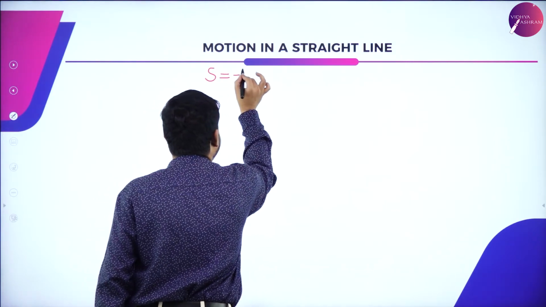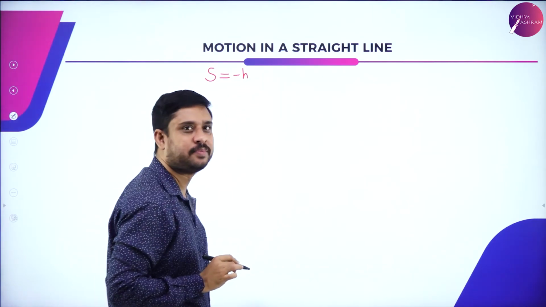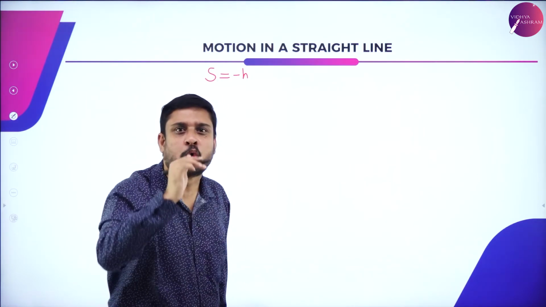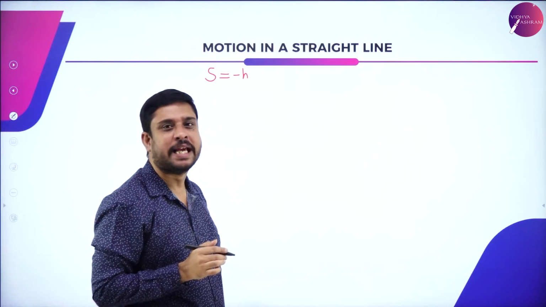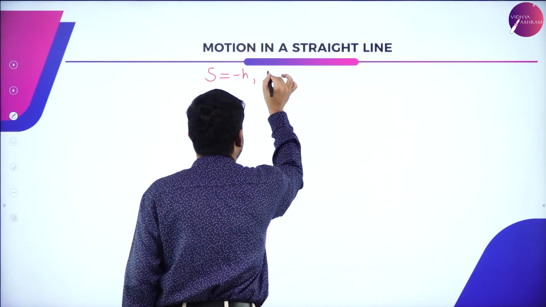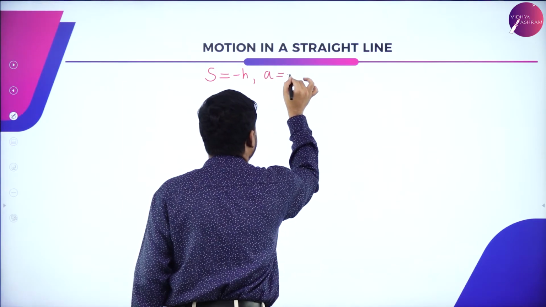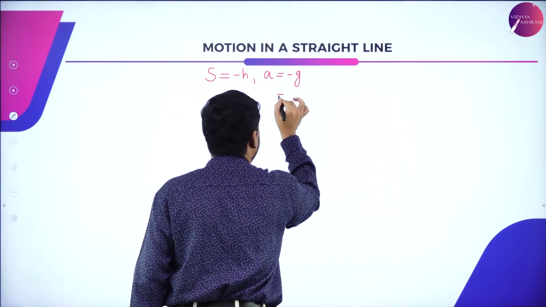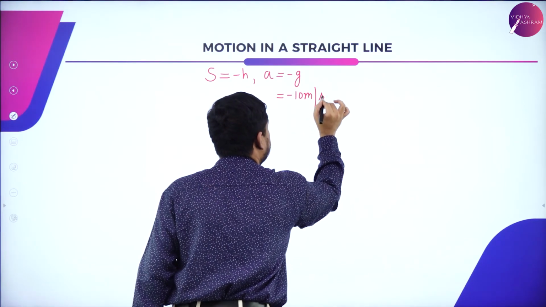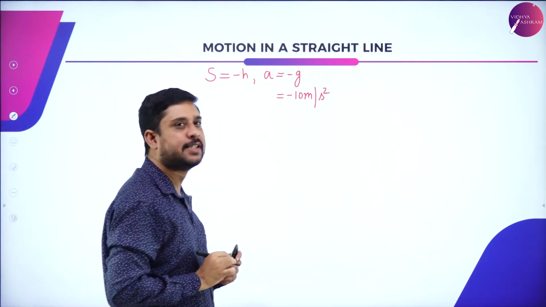S is minus h. It is thrown up, projected up from the height of a tower. Again, a is minus g, minus 10 meter per second square.